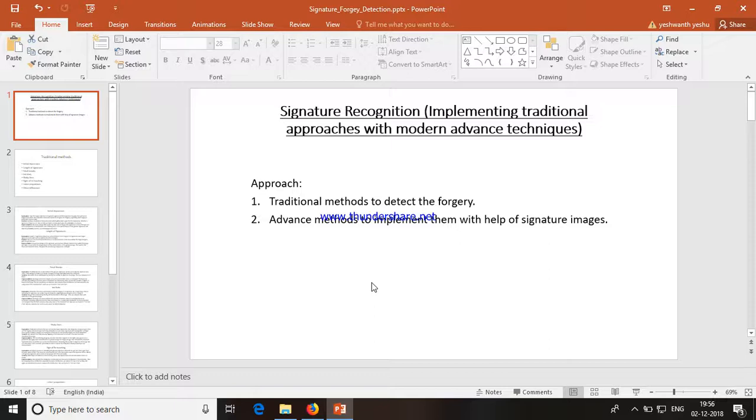For this, we can build a deep learning model which does the entire job, but instead we want to implement all our traditional methodologies of finding a forgery image by using Python in Jupyter notebooks with the help of some libraries.